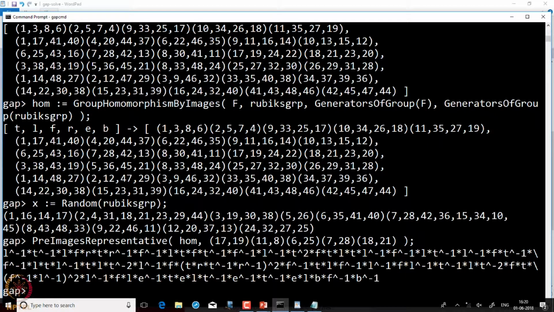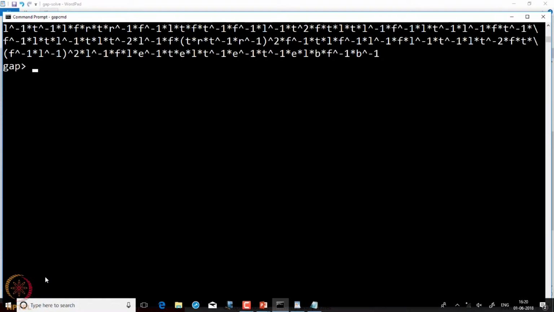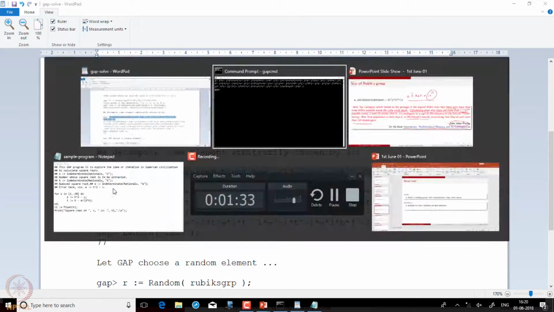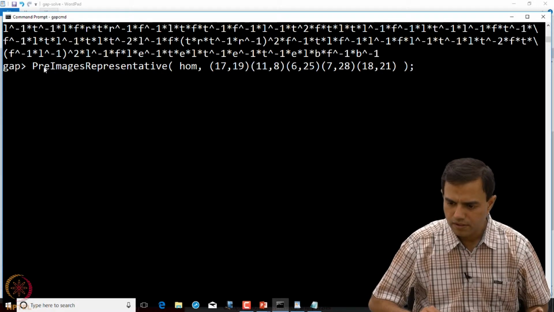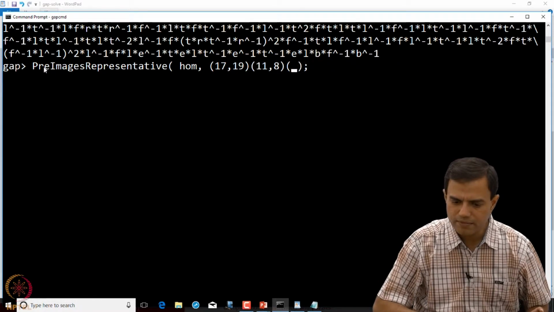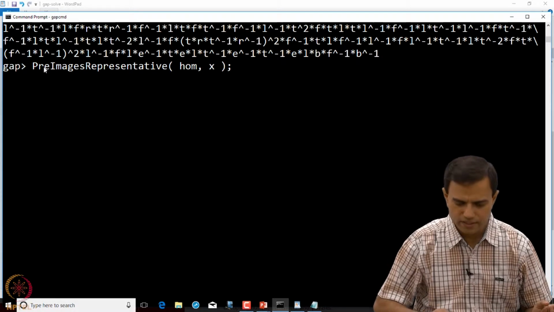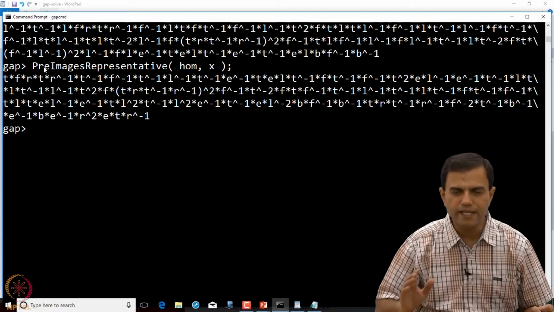Oh, this is some other element, but in place of that I am just taking some element X, and the pre-image of that element in the Rubik's group.